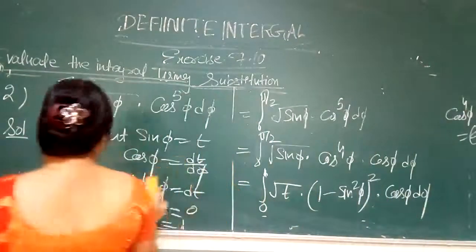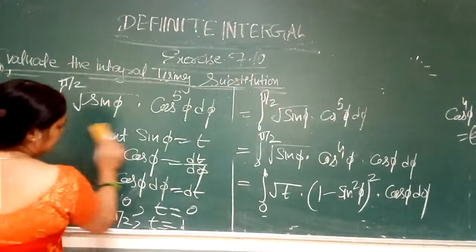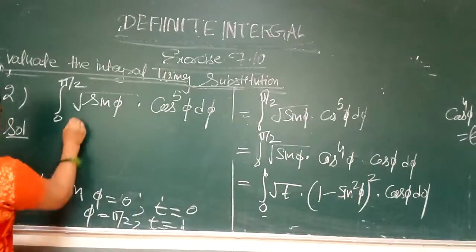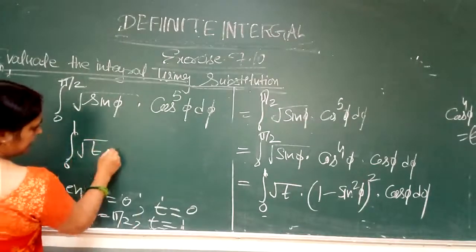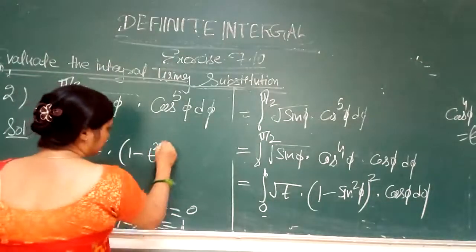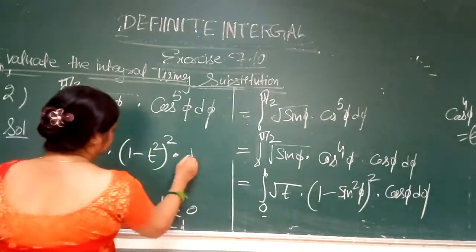After that we put the values. What is the value of sin phi? That is t. Now from 0 to 1, root t into 1 minus t square whole square, and cos phi d phi is dt.